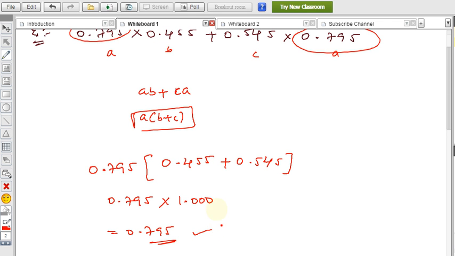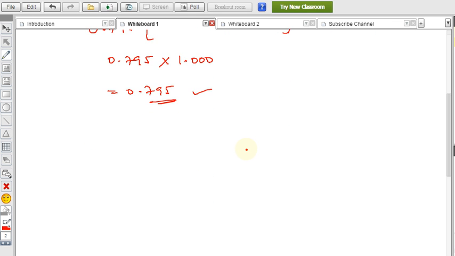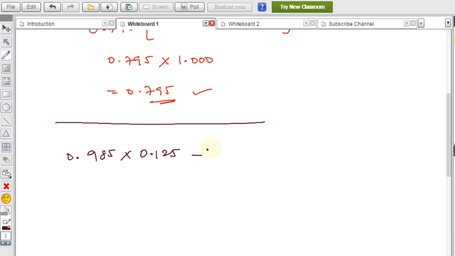Even additions or subtractions can be done similarly. Okay, same type, one more question I will write here: 0.985 into 0.125 minus 0.985 into 0.025.